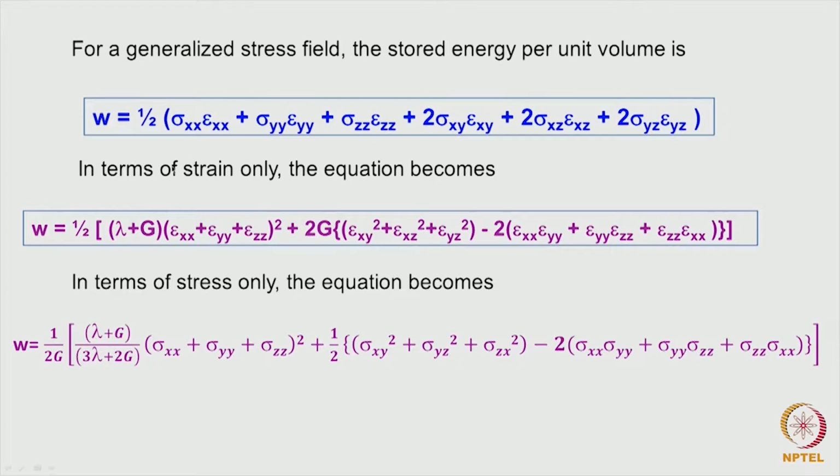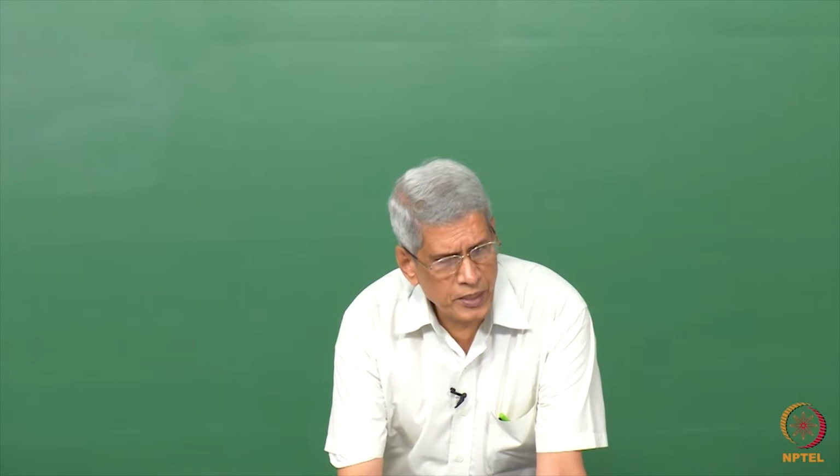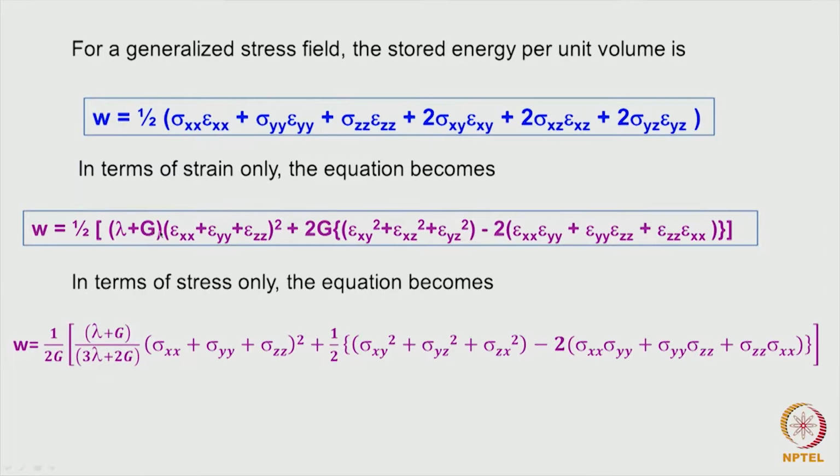Using Hooke's law, we can write the same expression in terms of either strain or in terms of stress, correct? If we write it in terms of strain, then this expression turns out to be in terms of lambda and G. This is the way the expression turns out to be. And if we write it in terms of stress only, then also this equation turns out to be some square terms of stress, and then some product terms.